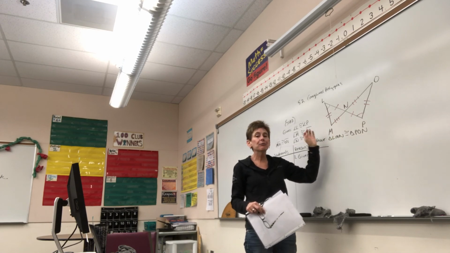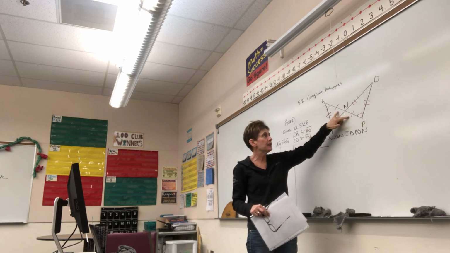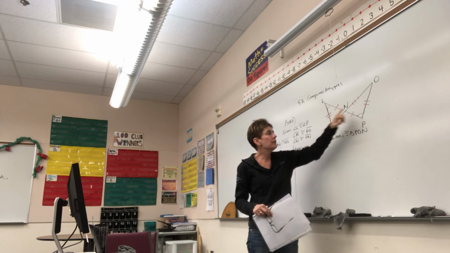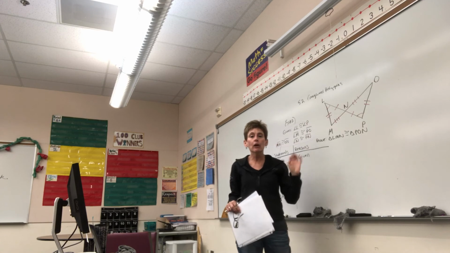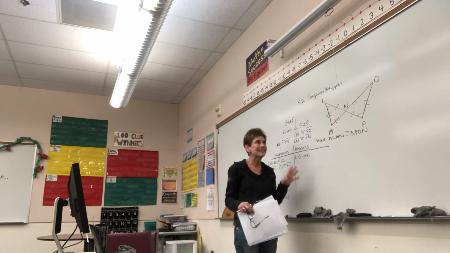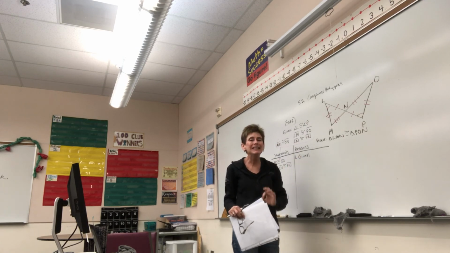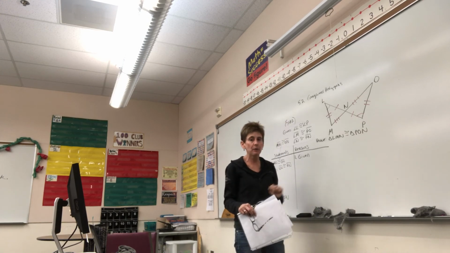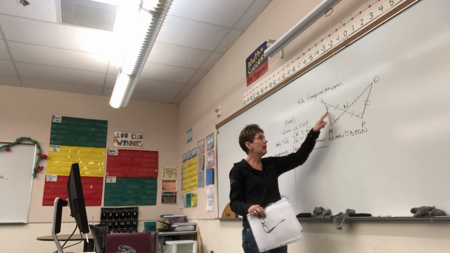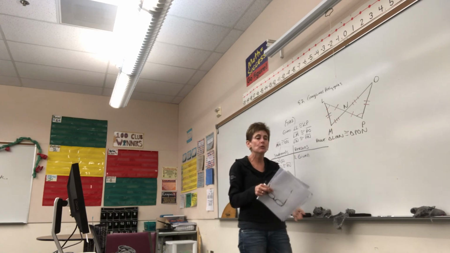We already have 3 pairs of sides taken care of. This side is the first pair, these 2 sides are the second pair, and these 2 are the third pair. We need 3 pairs of corresponding angles also. All 6 parts need to match up. Well, we do have 1 set of angles here, but 2 are missing.